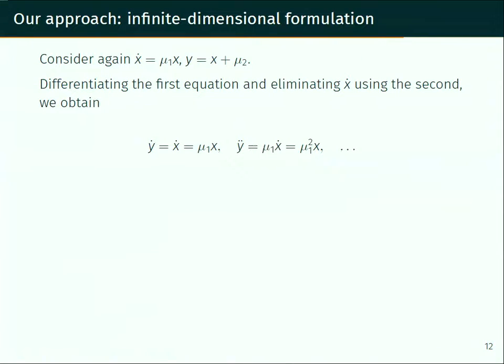This one actually. So this is an example that we have already seen: exponential and shift. You take the equation for y and start differentiating it. Each time you differentiate once, mu2 disappears, and you have x dot. And you say, I have an equation for x dot that expresses x dot in terms of mu's and x. So I don't allow x dot to appear, in some sense. I immediately replace it.